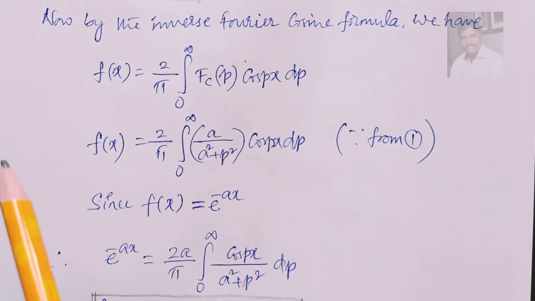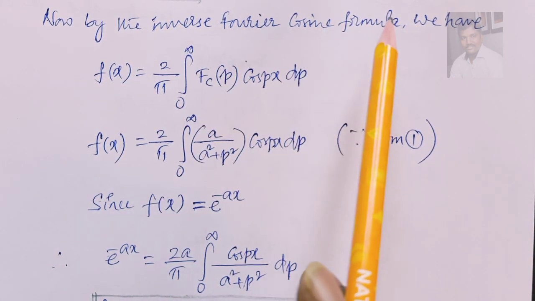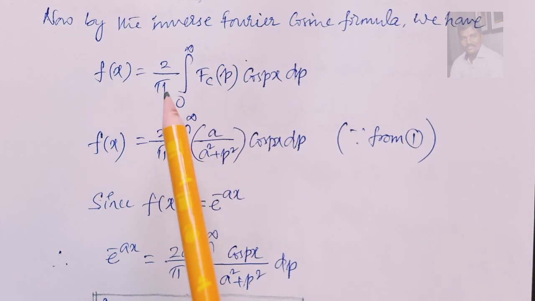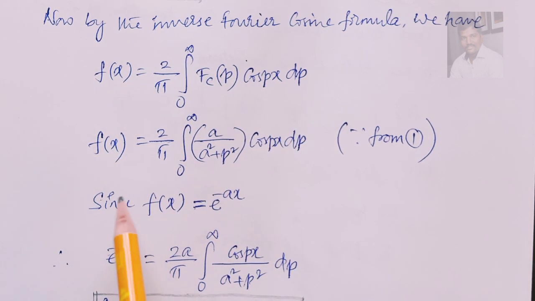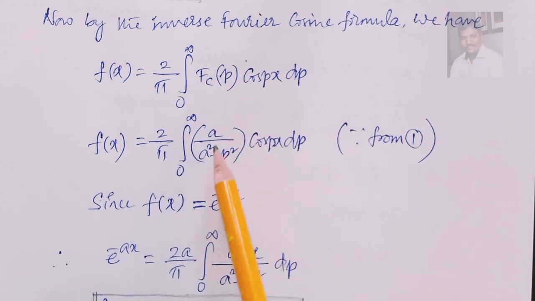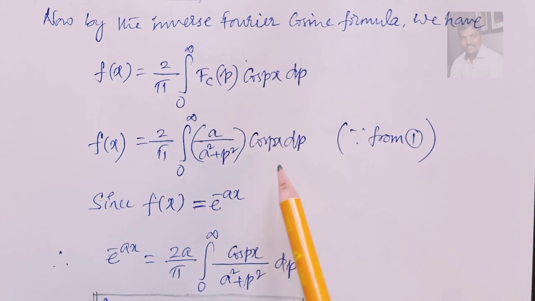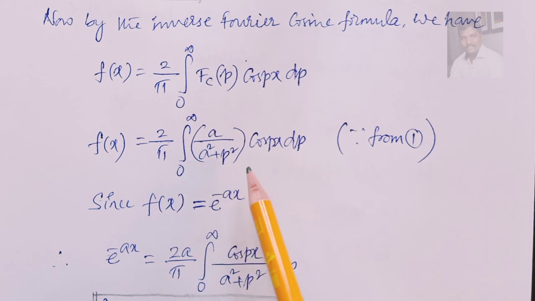Now let us go with the first one. To prove the first integral, use the inverse Fourier cosine formula. Here we have f(x) equal to 2 by pi into the integral from 0 to infinity of Fc(p) cos px dp. Since we know the Fourier cosine transform of e^(-ax) is a by (a² + p²), f(x) is equal to 2 by pi times the integral from 0 to infinity of a by (a² + p²) cos px dp.